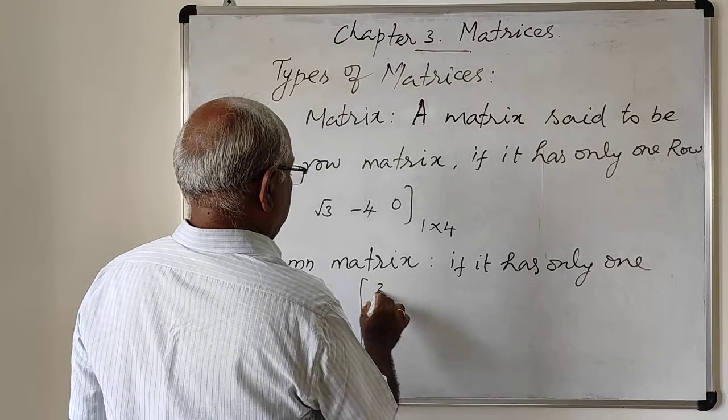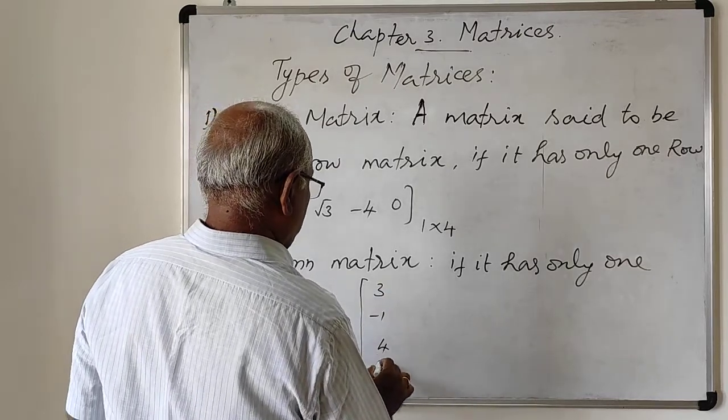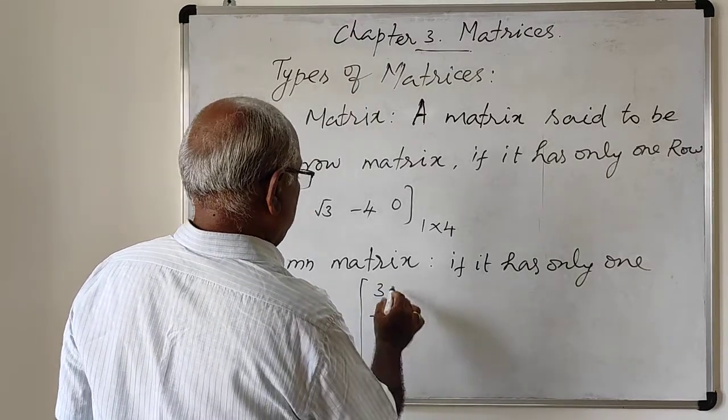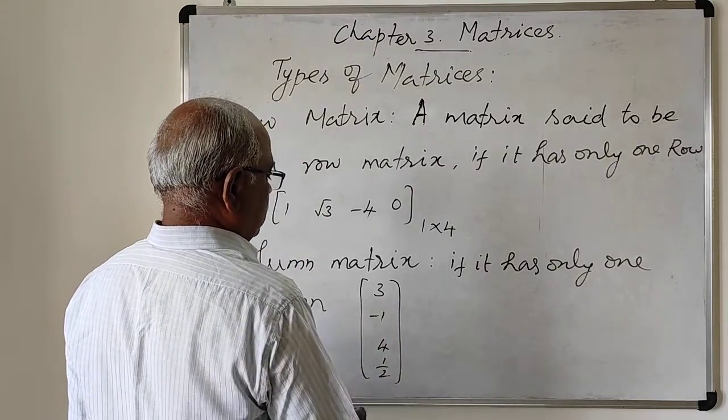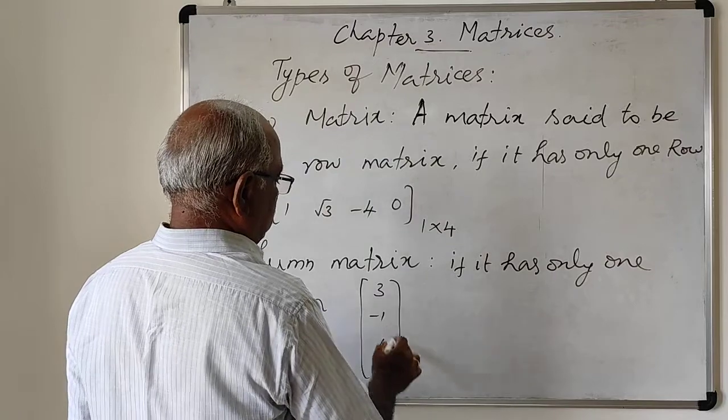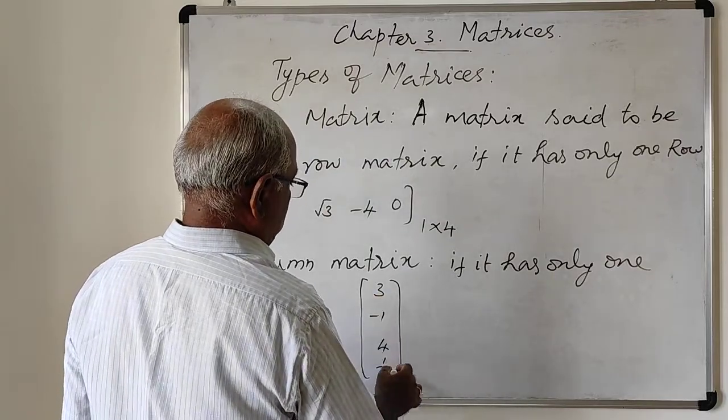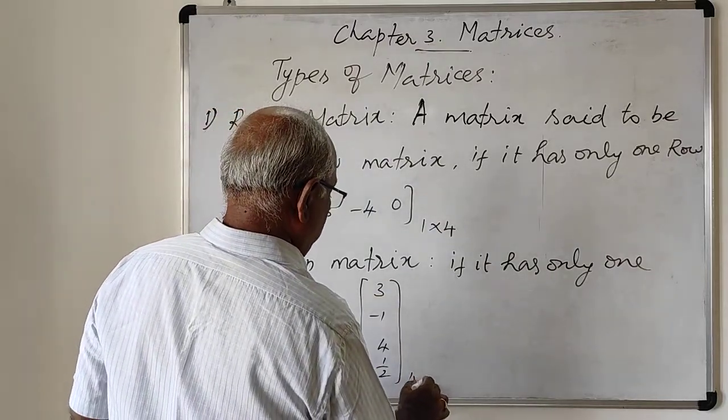Example: 3, minus 1, 4, 1 by 2. Like that. Here you have 1, 2, 3, 4 rows and 1 column. That is 4 by 1.